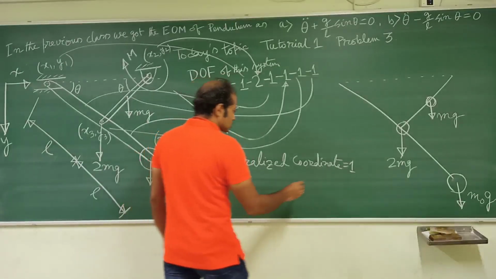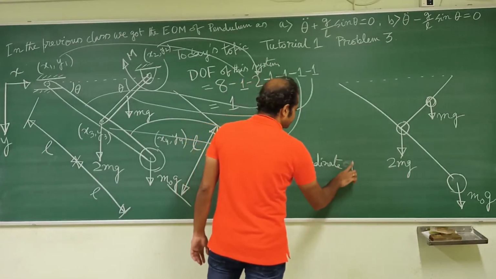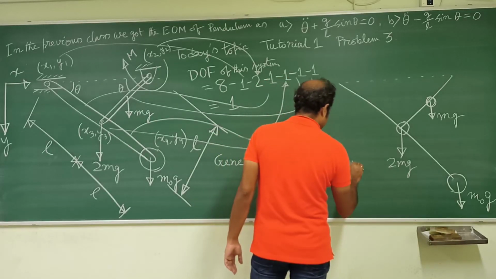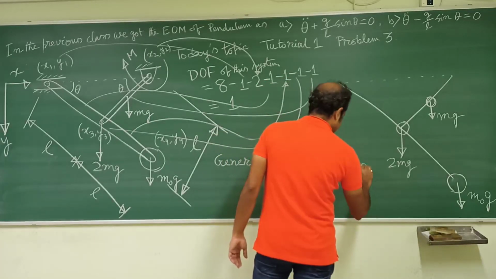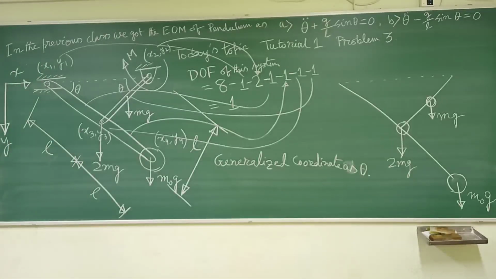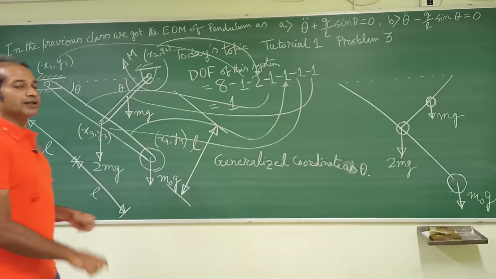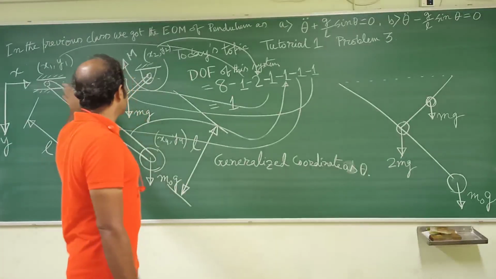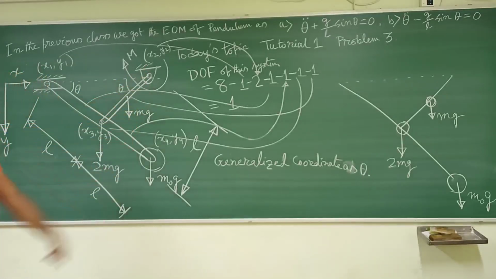So we choose the generalized coordinate, instead of 1, I mean it is being replaced as theta. So let theta be our one value to describe the whole system. We can get any position in terms of theta.